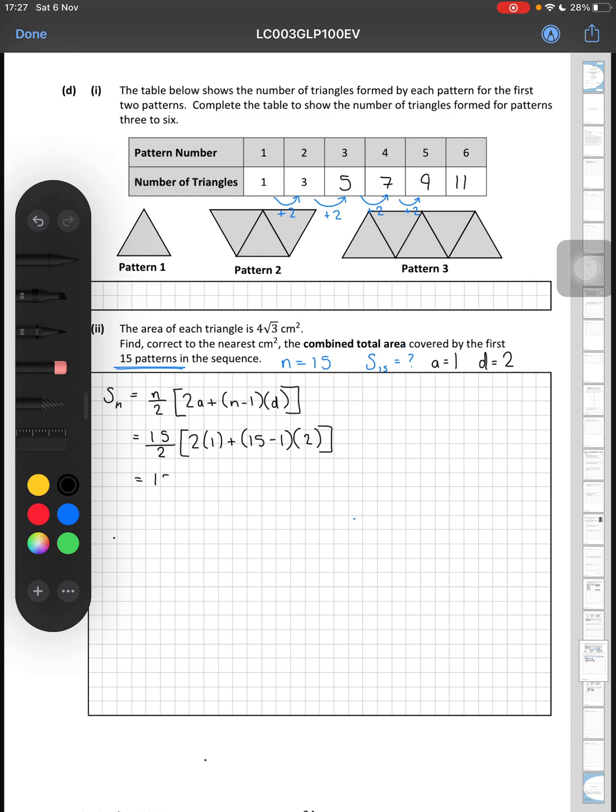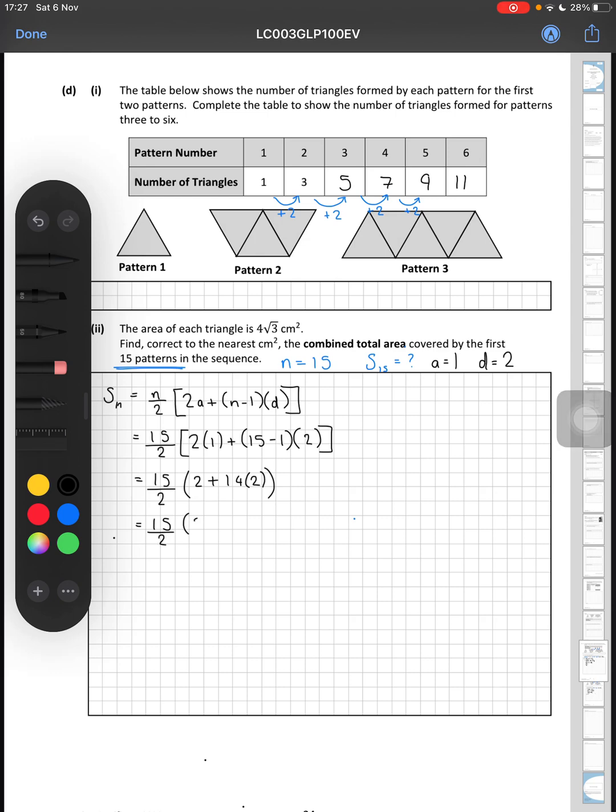Okay, so n is 15, and then over 2, and then we have 2 times 1 plus (n is 15, minus 1) times d, so times 2. So we'll have 15 over 2 times [2 plus 14 times 2].